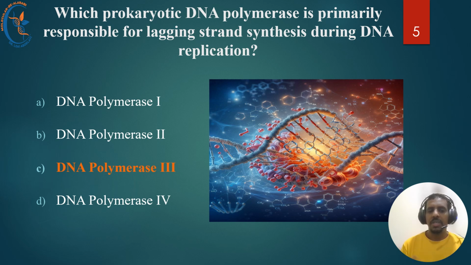What about DNA polymerase 1, 2, and 4? DNA polymerase 1 removes RNA primers from the lagging strand's Okazaki fragments and replaces them with DNA. DNA polymerase 2 plays a role in DNA repair processes.